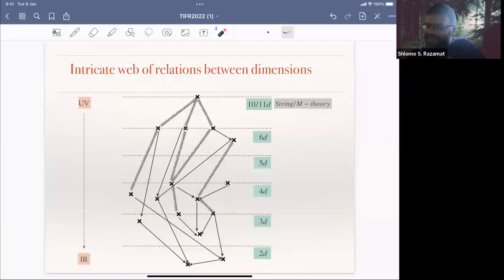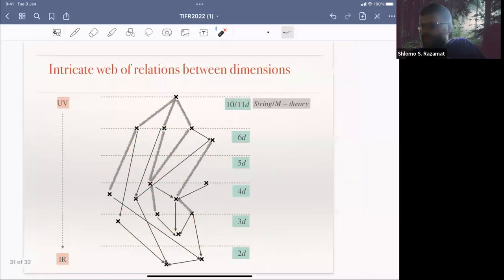And again, the last comment was that maybe the pyramid is a bit misleading. Maybe 4 dimensions, for example, is special. And maybe we can even, starting from 4 dimensions and going higher, derive higher dimensional physics, or not. There is a lot of structure to be extracted by studying these cross-dimensional relations.